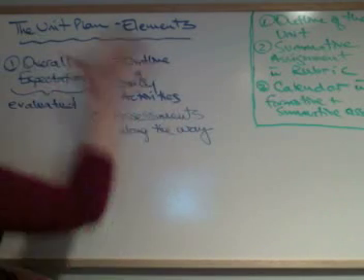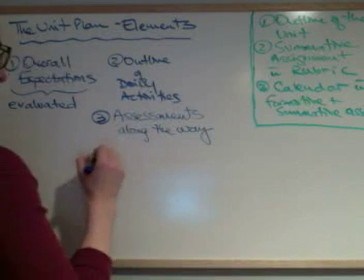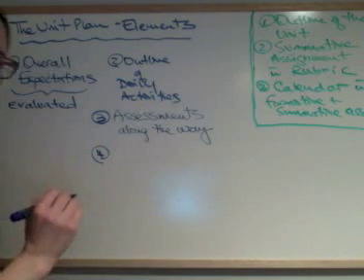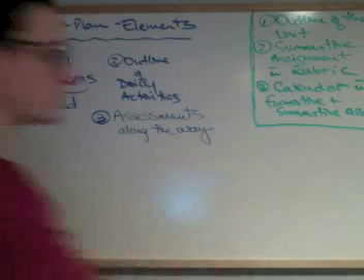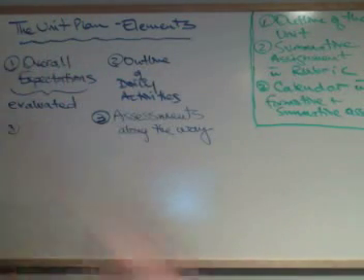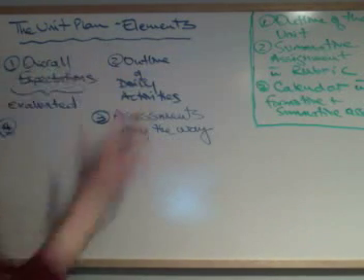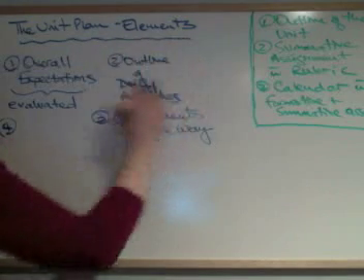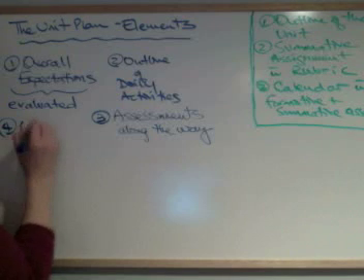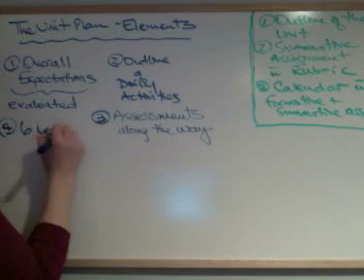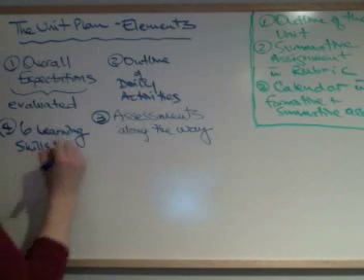The fourth piece that the unit plan needs to include, ladies and gentlemen, is the learning skills. You have to include, possibly here in the outline of your daily activities, the 6 learning skills and habits.